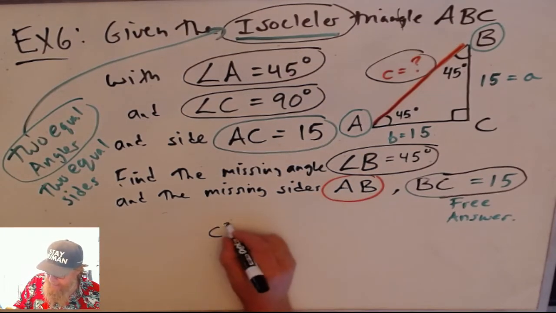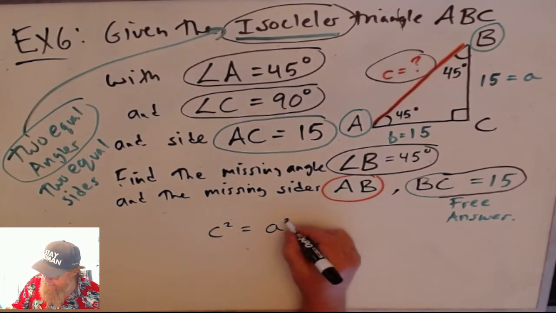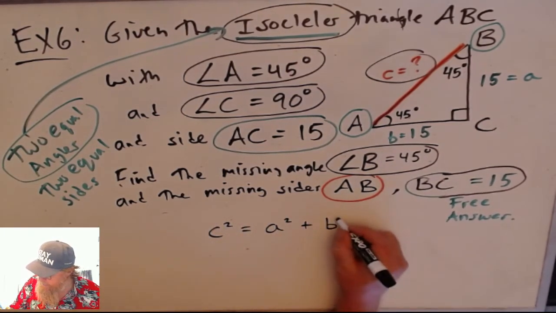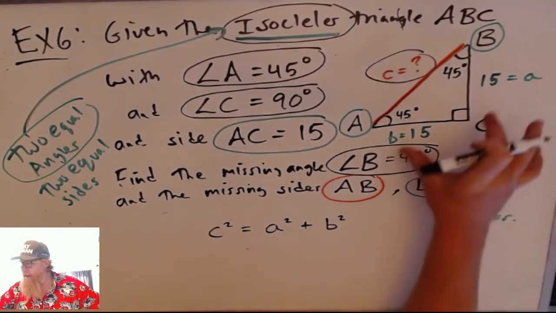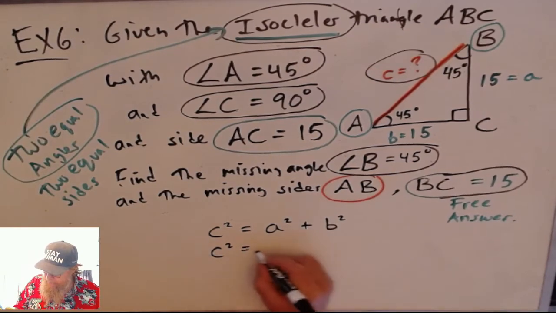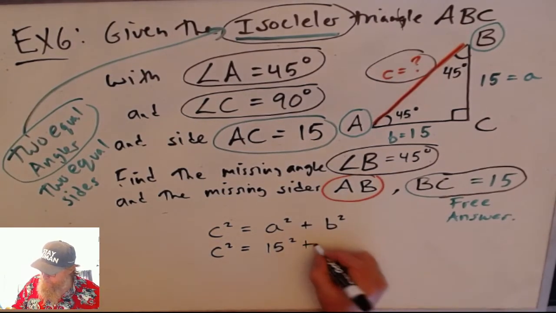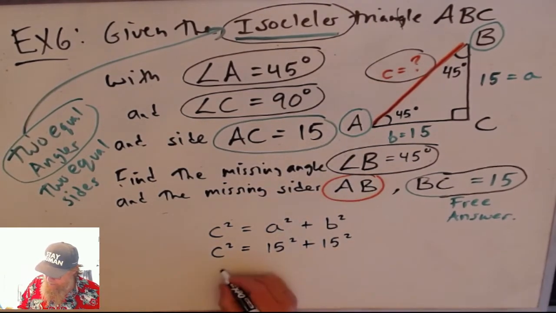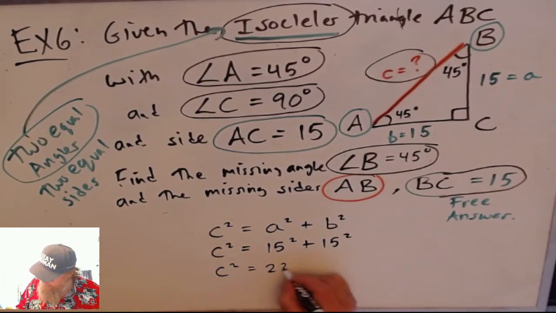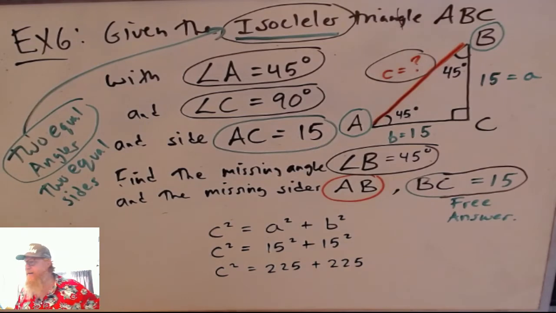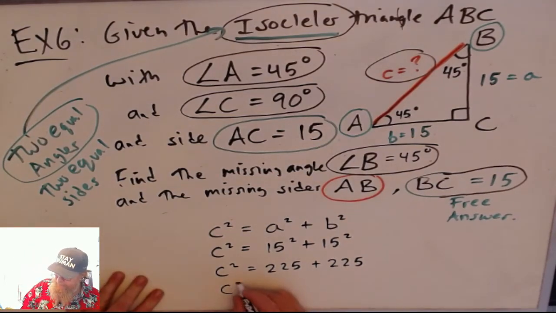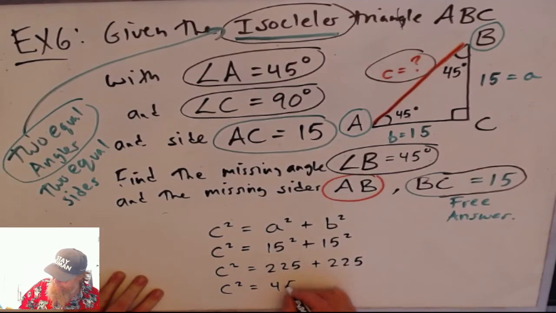So I've got c squared. Again, these are lower cases now, is a squared plus b squared. A and b are the same. So it's 15 squared plus 15 squared. Classical, no calculator. 225 plus 225, which is 450.